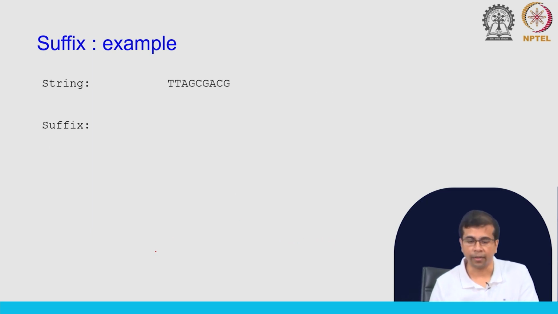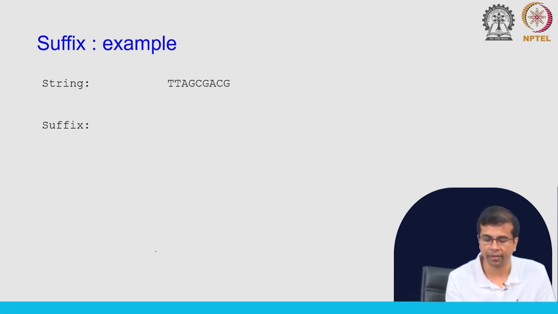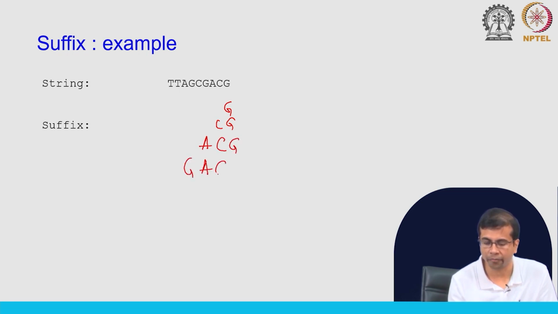We can take a very quick example and write down the suffixes of this string. We start with G, then CG, SCG, GSCG and so on. You can write all of them, finally TT, AG, CG, SCG.